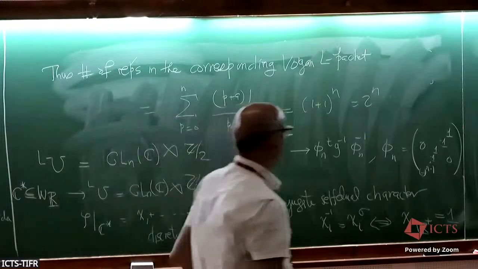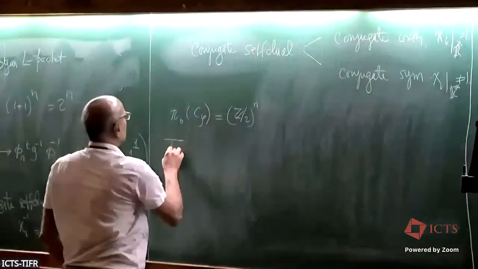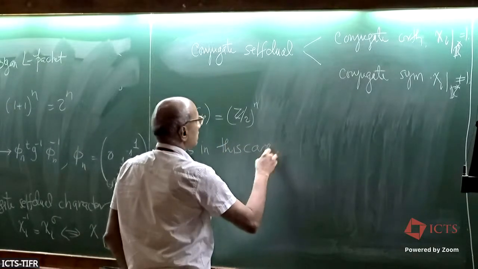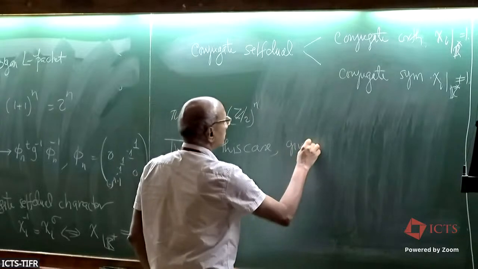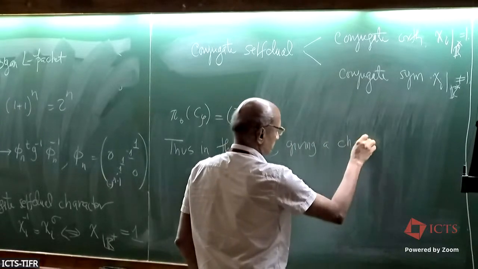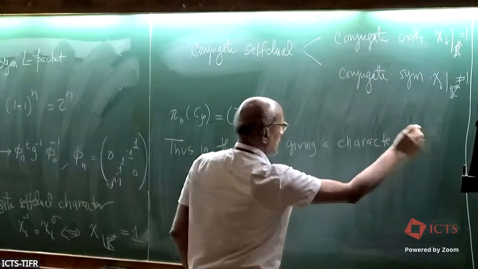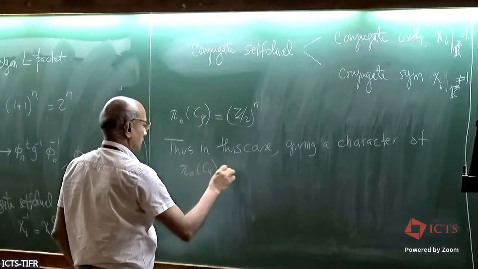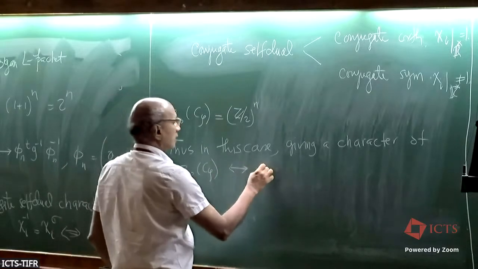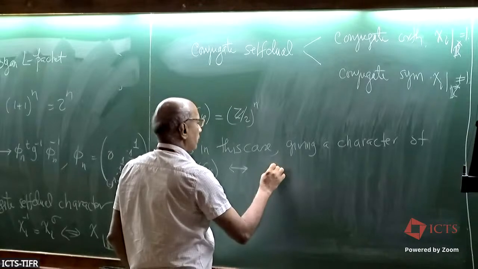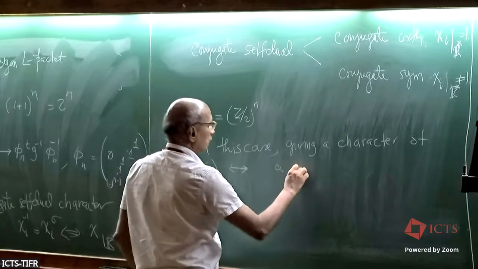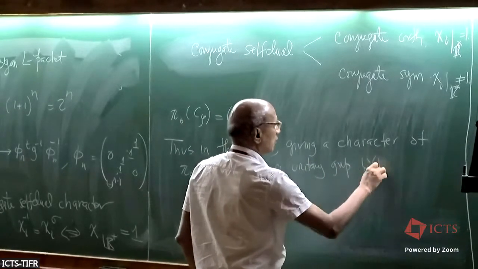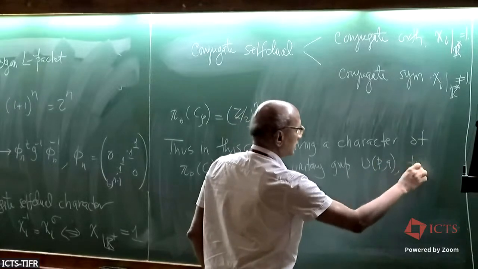So thus in this case, giving a character of pi naught C phi is equivalent to a unitary group U(p,q), together with a discrete series representation.